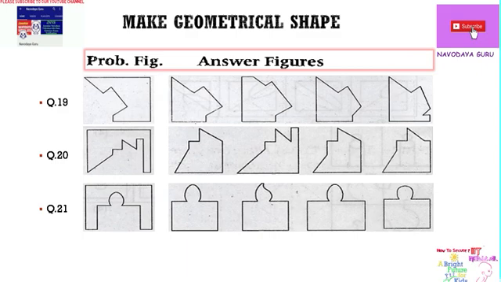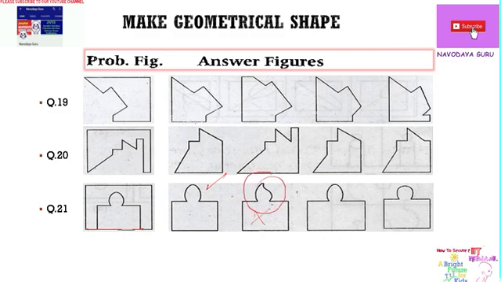Let's go to question number 21. When we combine this incomplete side, we find this particular design. Let's check. In option 1, this design is alright. In option 2, this design is mismatching.